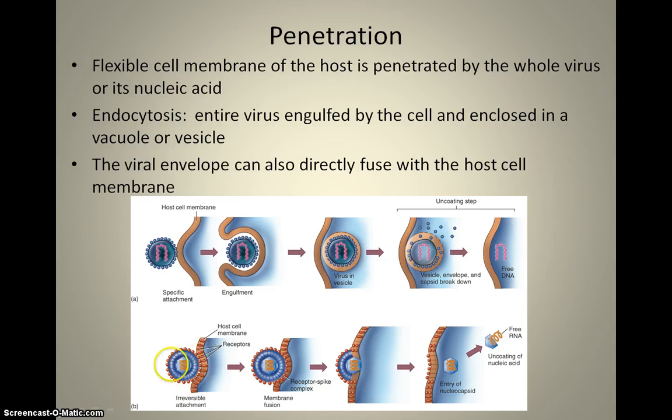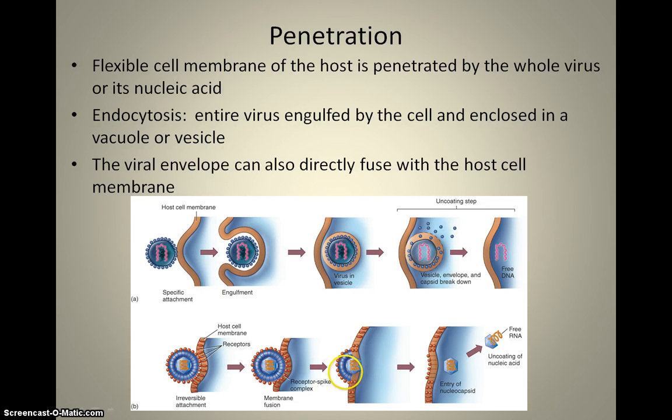Now, if you're an enveloped virus, you already have this membrane that was part of the host cell you just came from. So you go over to the host cell next to you, and you very easily fuse with the membrane. And what happens is that your envelope starts to incorporate into the membrane.